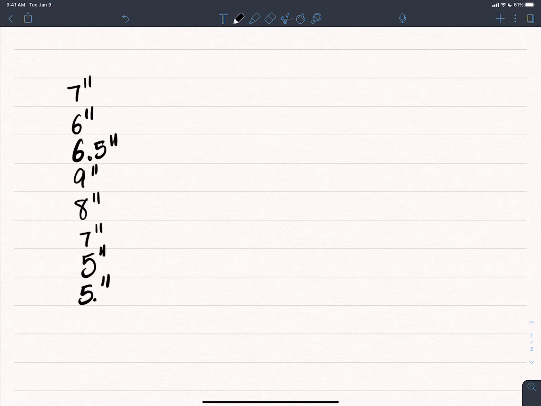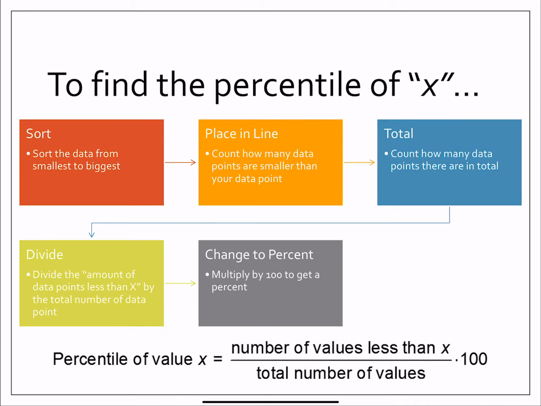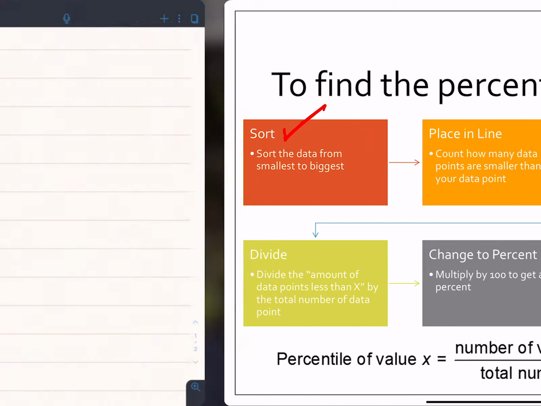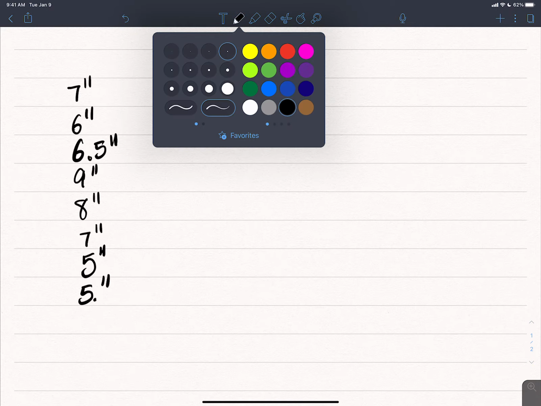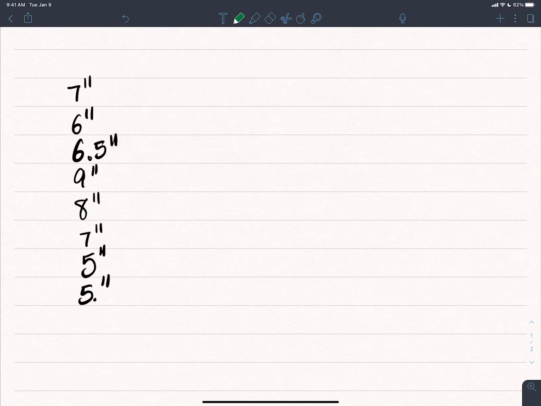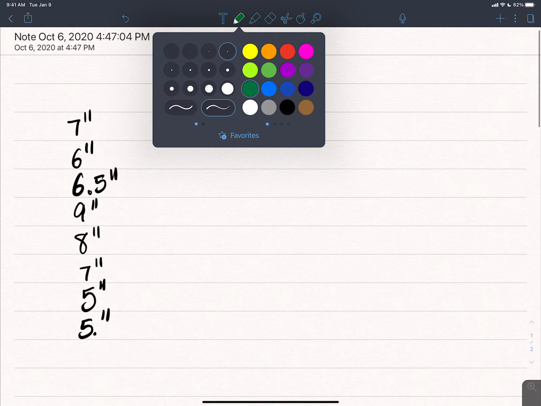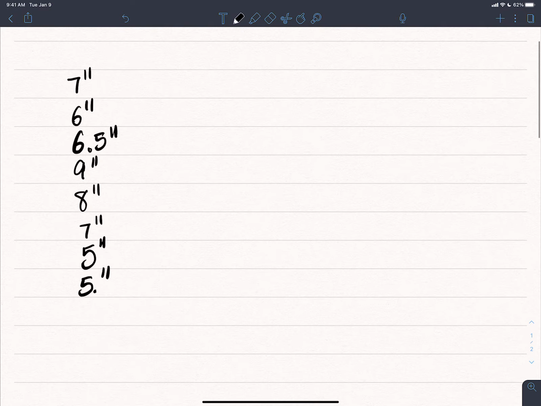So step 1, we go back to step 1, sort them. So we're gonna put a little check next to sort them. To sort them, we need to put the smallest at the top and then work our way down. So the smallest one, that bottom one was supposed to say 5.5 inches. Let's put 5. So we'll start from the bottom. Which one's the smallest? I think 5 inches is the smallest.